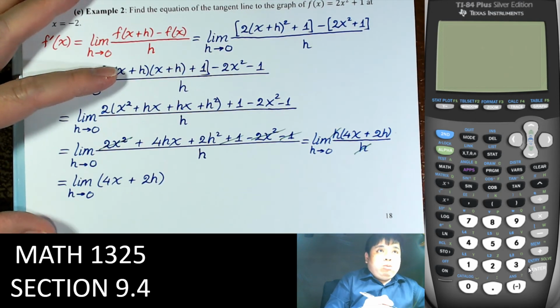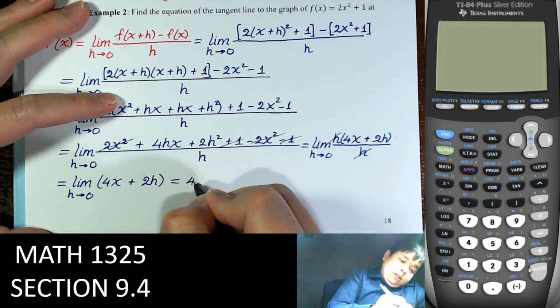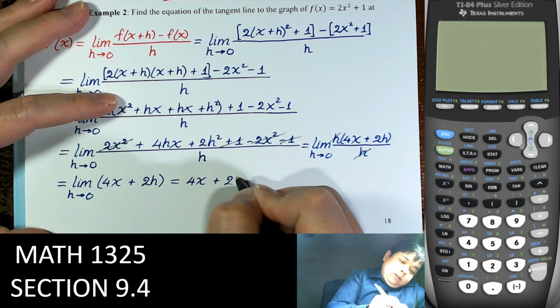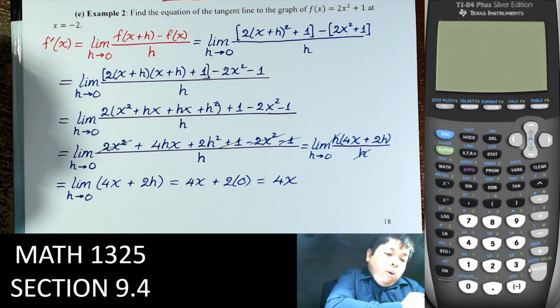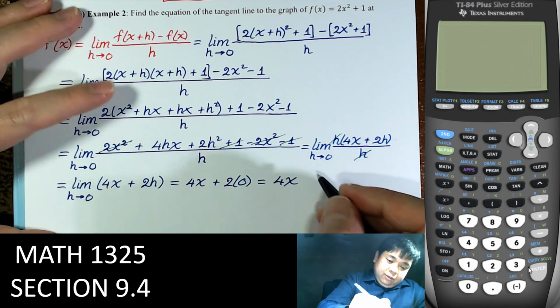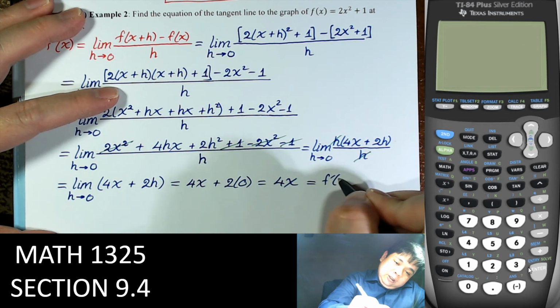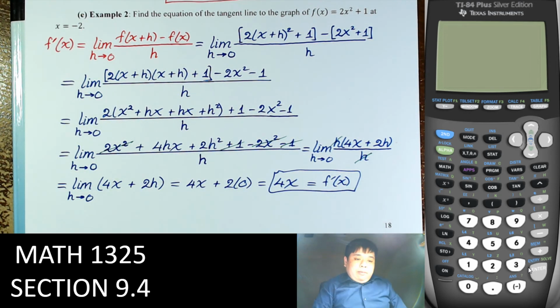Now h goes to 0, so just substitute into it. So I have 4x. So that is the derivative, right? Now we have the derivative, we have the function.